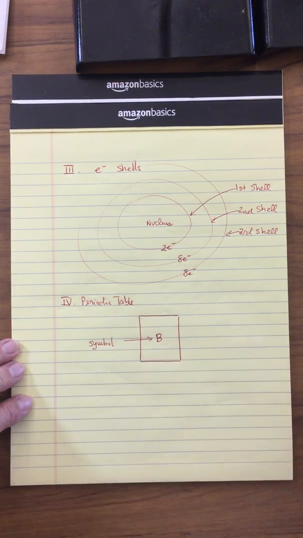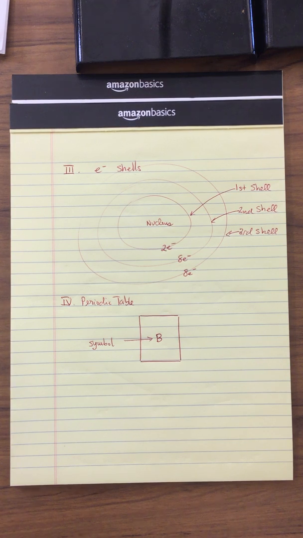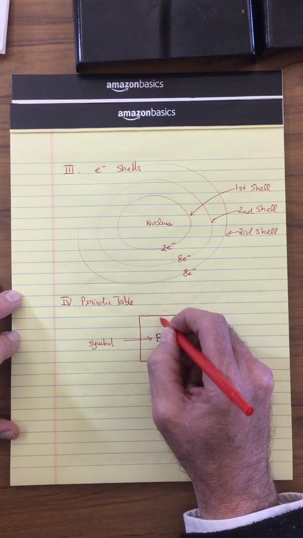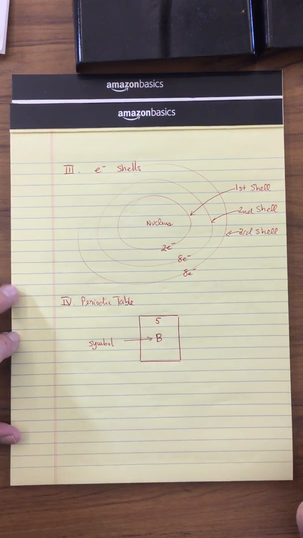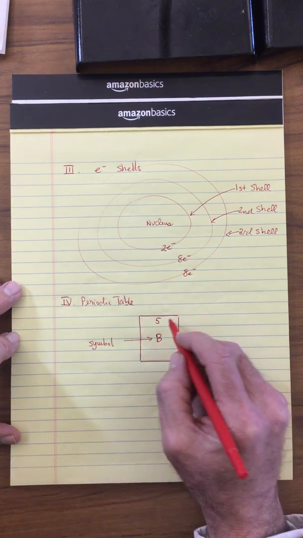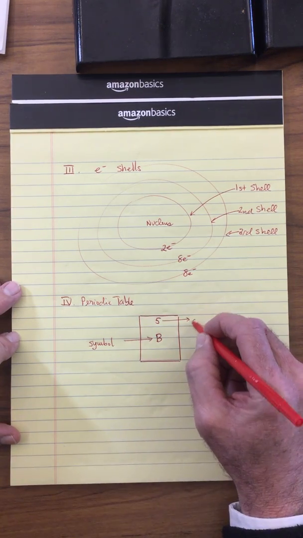As I mentioned, He is the symbol for helium. Boron has a number at the top of this tile, and it's number 5. This number is called the atomic number.